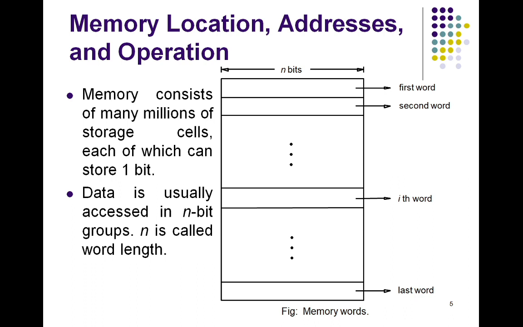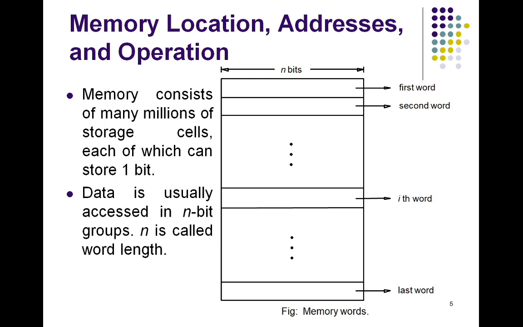For this purpose, the memory is organized so that a group of n bits can be stored or retrieved in a single basic operation. So the retrieval or storing of information is in terms of a group of bits in a single basic operation.